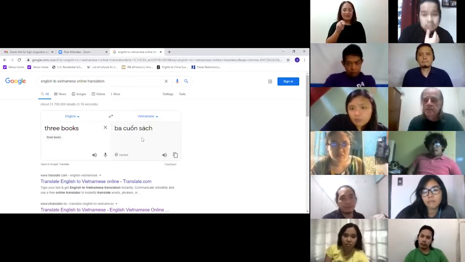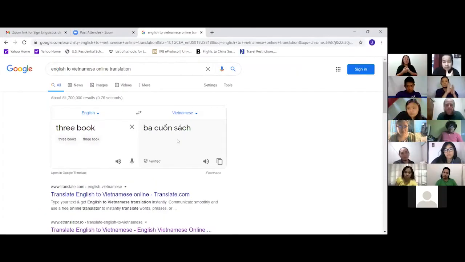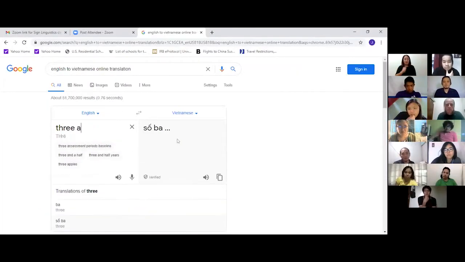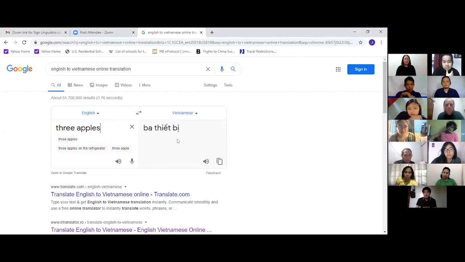Let's change this word to apples. Now we have ba, which is three again, and tao, which is apple. But when we count apples, we have to say qua. When we count books, we have to say cuon.